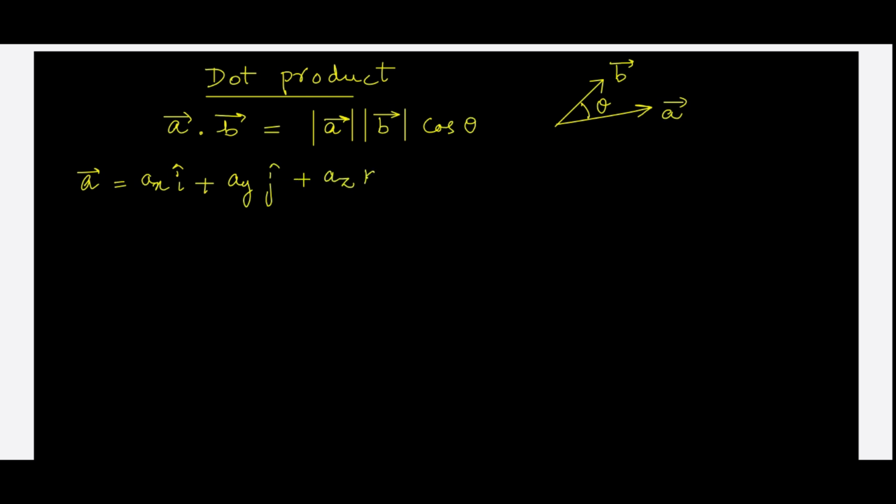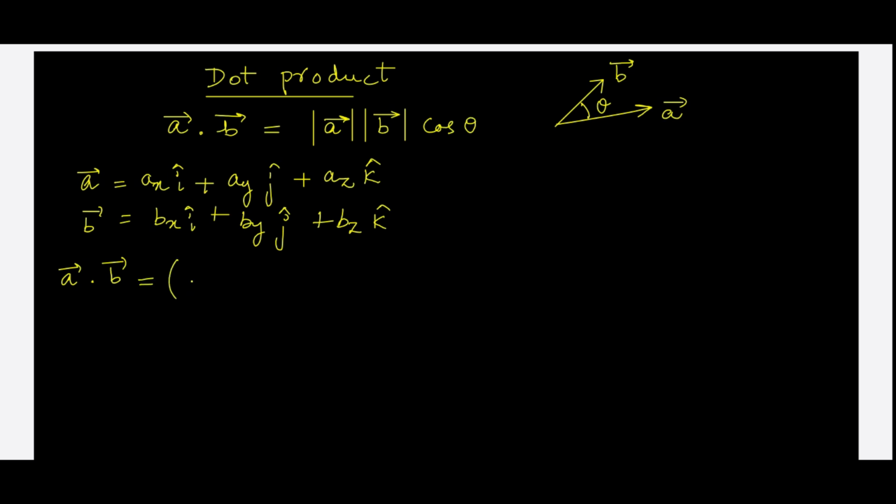And then we are writing our vector B also as bx i cap plus by j cap plus bz k cap. Okay. So now if you do a dot b, let us do it like that.